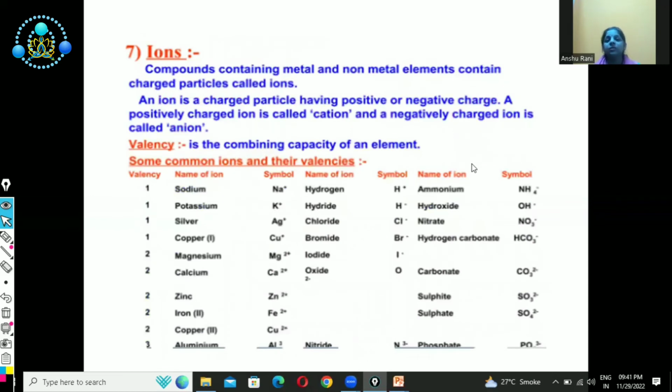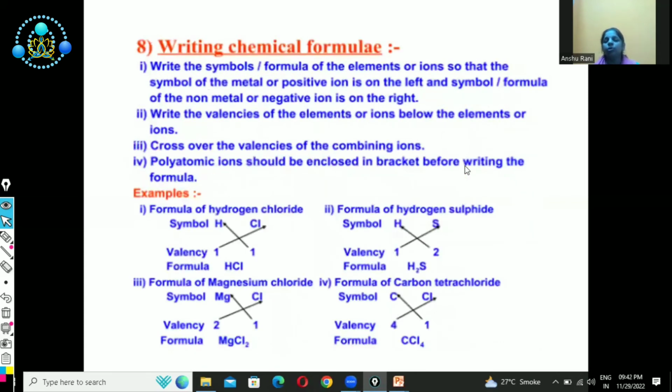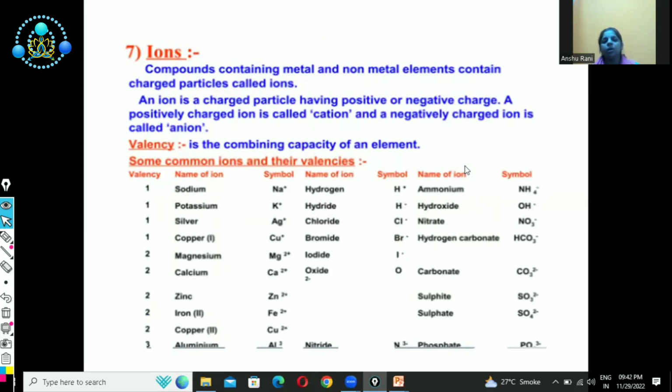Then we have ions. Ions means atoms or groups of metals or non-metals which are having a certain charge on them. If they are having a positive charge, it is called a cation. If it is having a negative charge, it is called an anion. For the first 20 elements, we should know how to write their valency and their symbols.